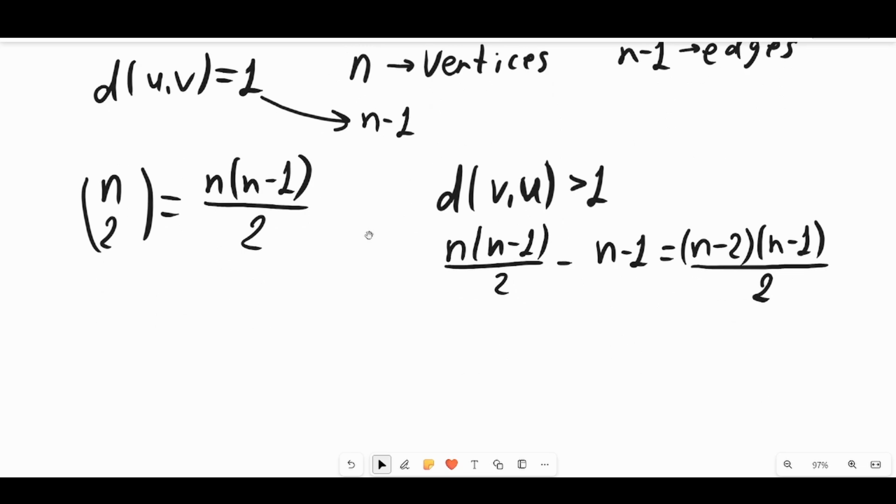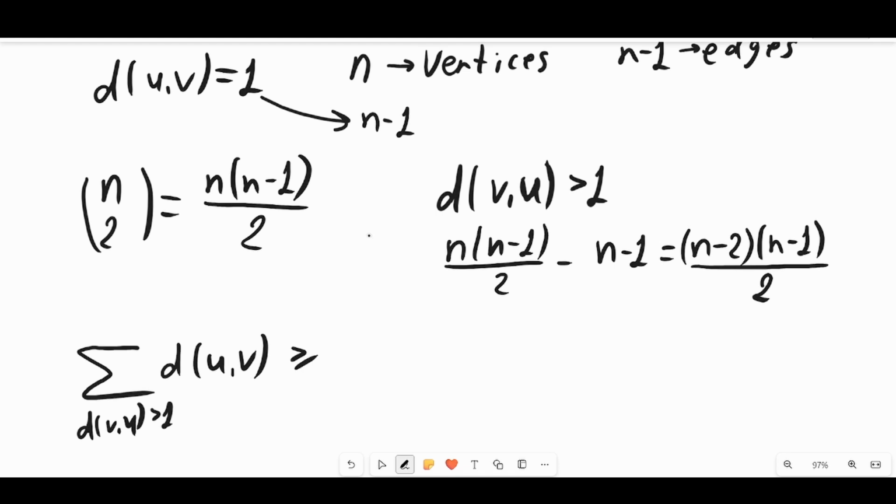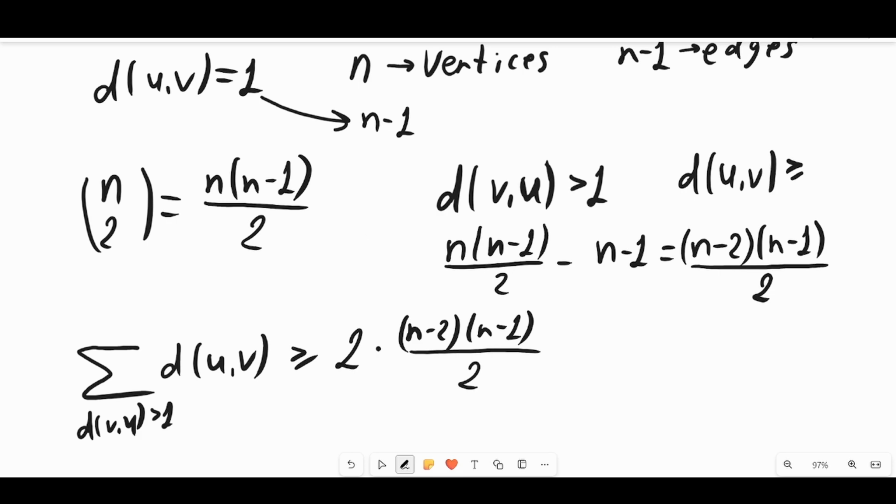Now look at what may be the minimal sum of d(u,v). Therefore, d(u,v) is more than 1, so clearly it is greater than or equal to 2 times (n minus 2) times (n minus 1) over 2, because the distance is always greater than or equal to 2 in this case.